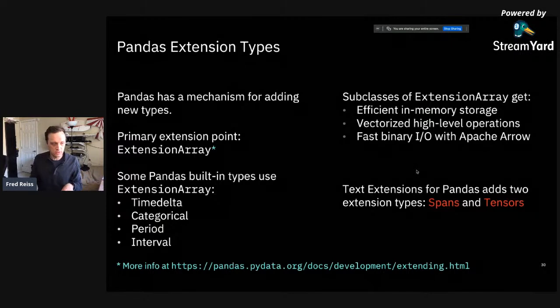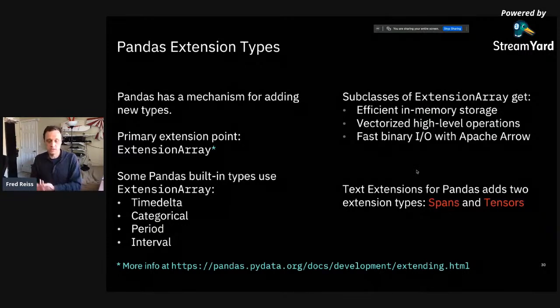You can see at the bottom of the screen a link to the documentation if you're interested in how this happens internally. The main things to remember here are, number one, this is used by Pandas for many of the newer types that have been more recently added, types for dealing with time, intervals and time series, as well as the categorical type system in Pandas. Extension arrays allow you to add new types to Pandas data frames and get all of the benefits of a pure built-in type, in that you can have efficient in-memory storage of the data of this type.